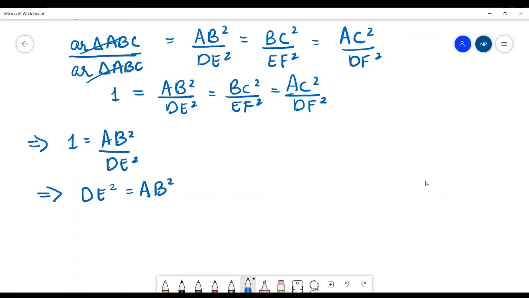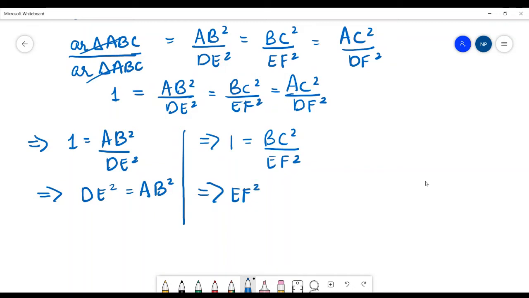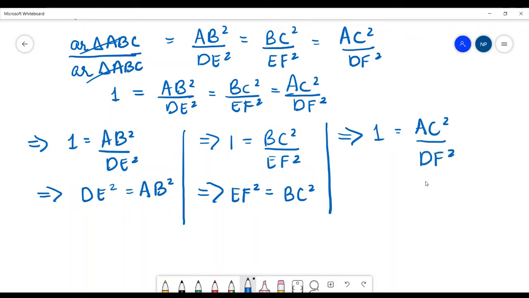Then with the second one also we do the same thing. 1 is equal to BC square upon EF square. We have EF square is equal to BC square. Then with the third side, we do the same thing. 1 is equal to AC square upon DF square, which implies DF square is equal to AC square.